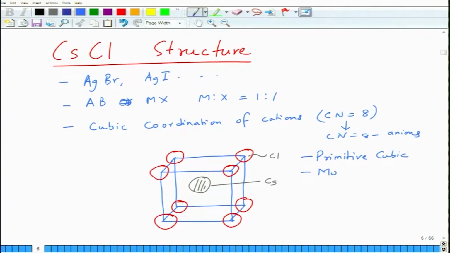with the motif being cesium at 0,0,0 and chlorine at half, and you can write it the other way around as well. You can write the motif as chlorine at half and cesium at 0,0,0, because you can put the unit cell wherever you want. If you draw the plan view, it will look something like that.